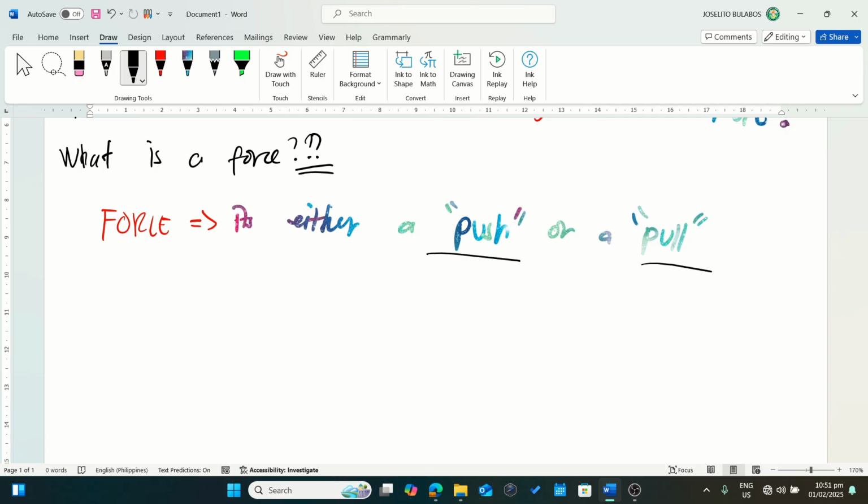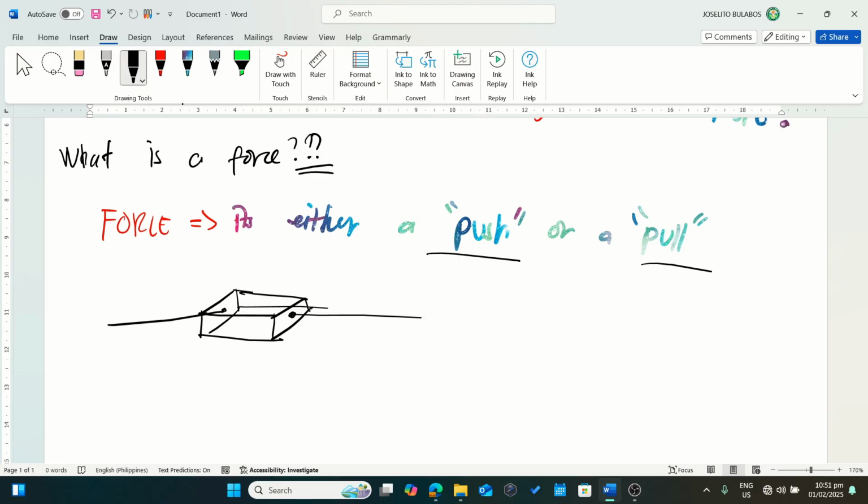Let's say we have here a box. Now suppose we have a rope here and a rope there.